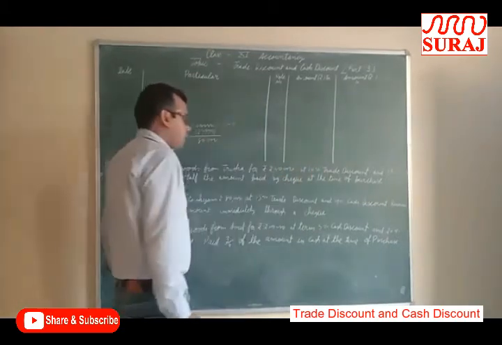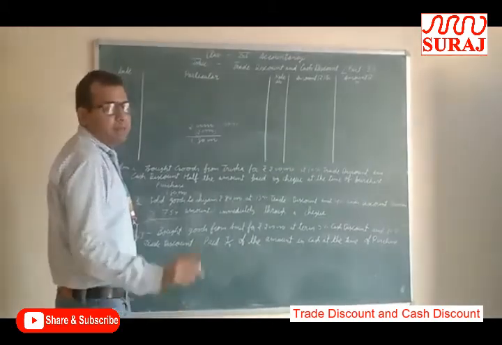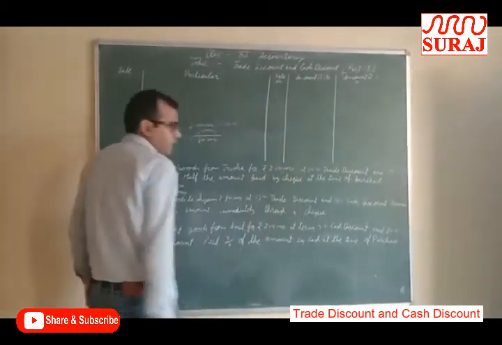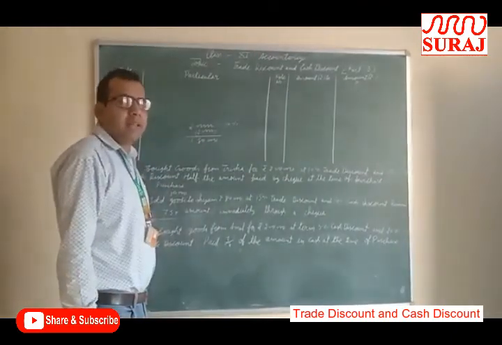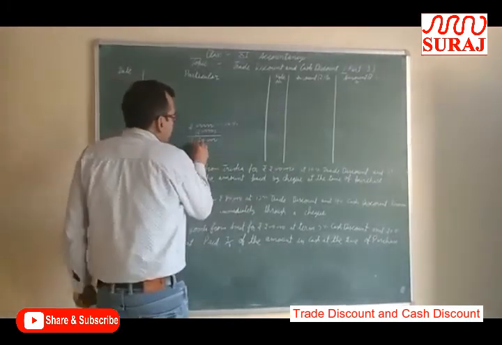5% cash discount. Cash discount is given only on a cash payment. Half the payment was made by check at the time of purchase, and the remaining on credit. So we divide the amount into two parts.